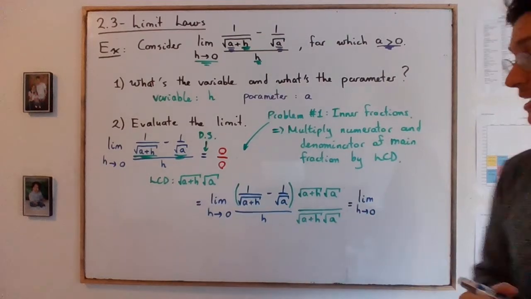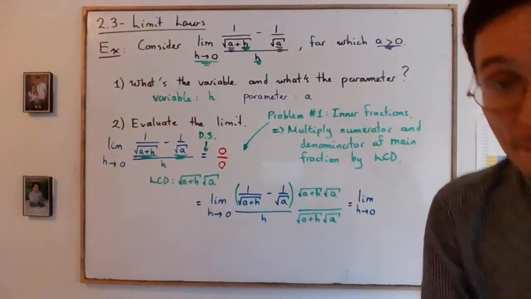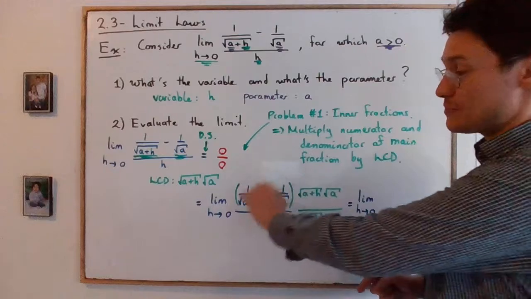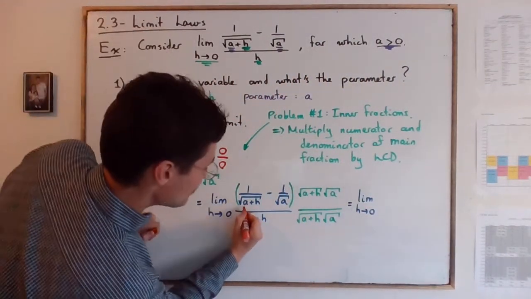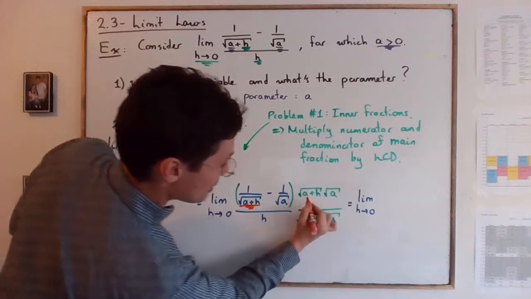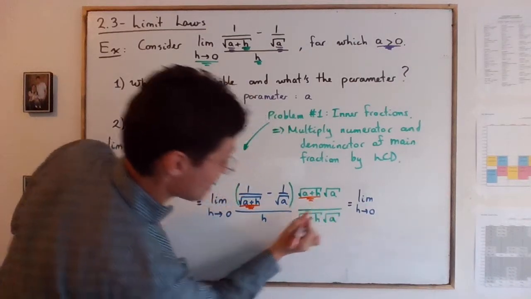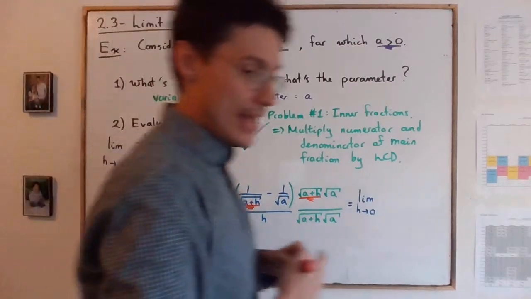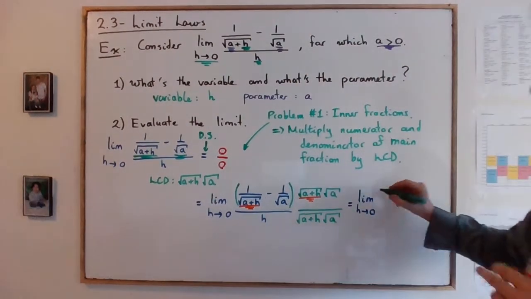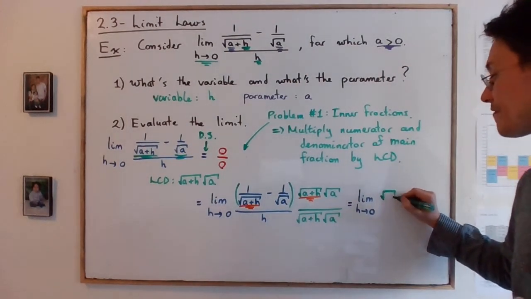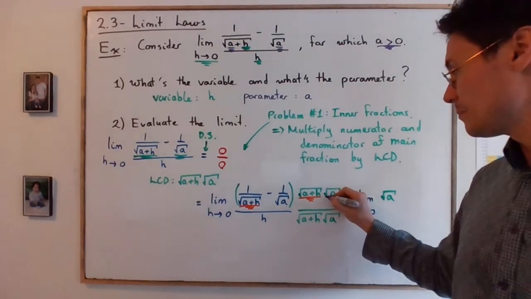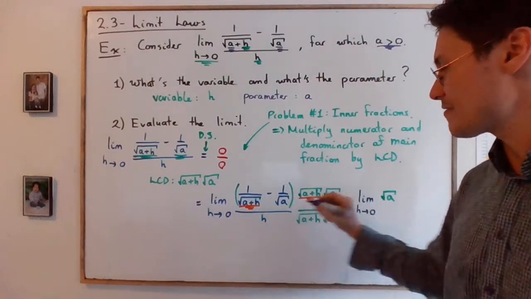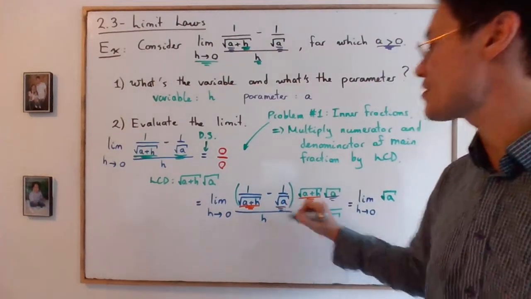All right, so what's going to happen? Remember that you need to distribute this. As you can see, the square root of a plus h will cancel the square root of a plus h that is over there, and we will be left with square root of a for the first term. For the second term, the square root of a here cancels the square root of a.